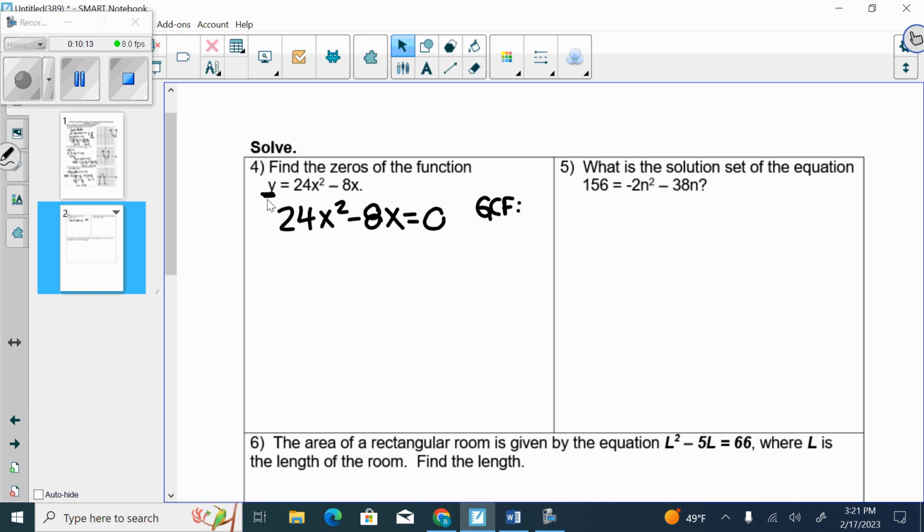So what's the biggest number that's going to go into 24 and 8? 8. And they also both have a what? An x. So I can take out an 8x. So I'm going to divide both of these pieces by 8x. Okay? So we got our 8x GCF out in front. What is 24 divided by 8?